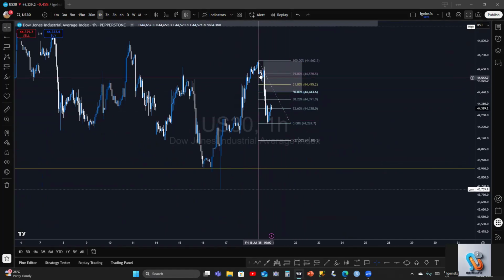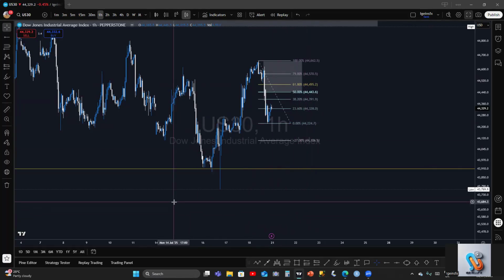This push to the downside is supposed to break this level, but it stopped shy here. That means as it's making its way back into a premium level, once it starts to sell, it is going to use this as liquidity to facilitate the downward move.